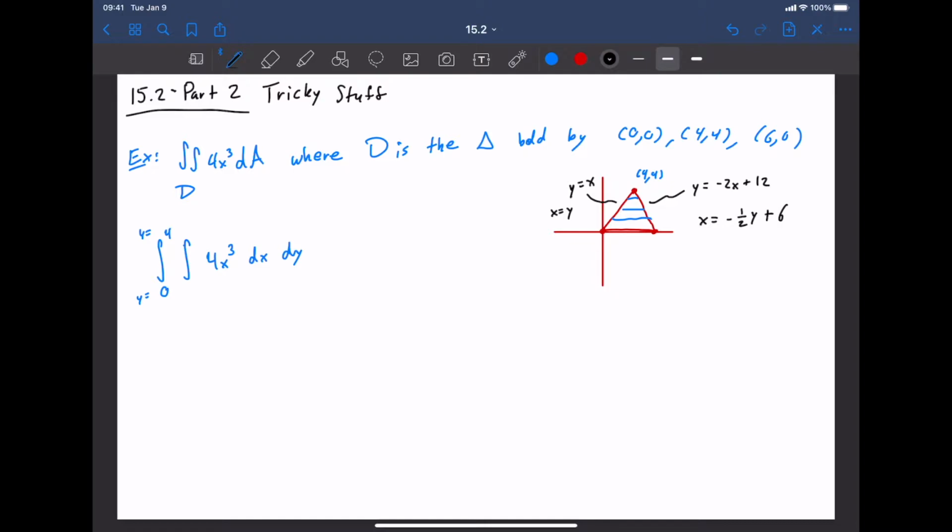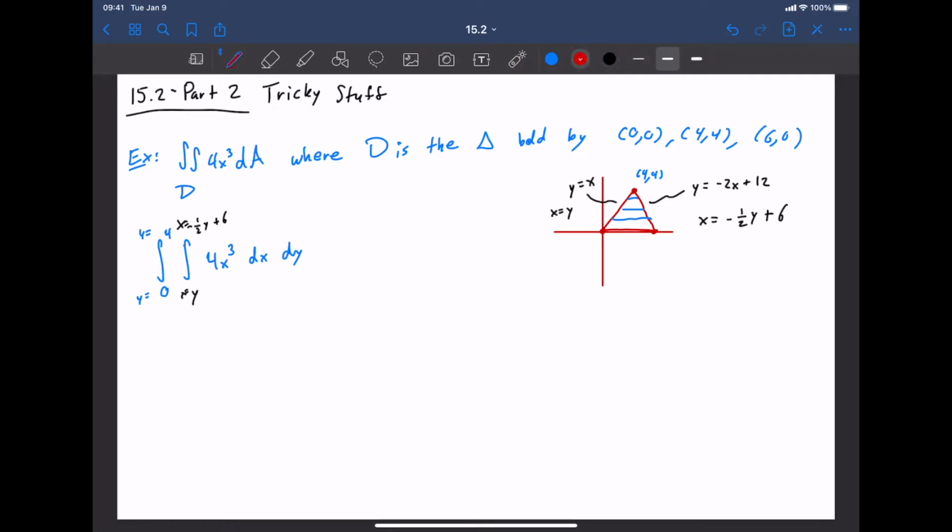And that's just how you do it. And we want to make sure we use the right side as the upper bound, negative 1/2 y plus 6, and the lower bound should just have y in it. Now, again, I know that's confusing. These are the x bounds, though, and that's why we're doing x first.